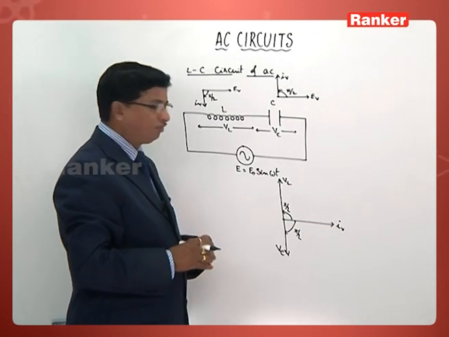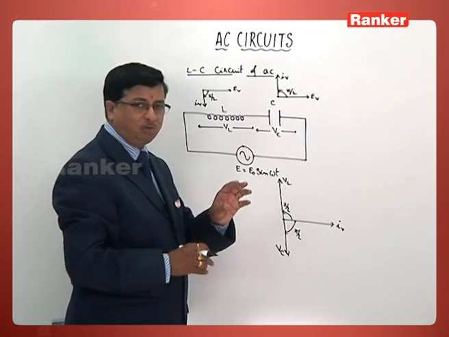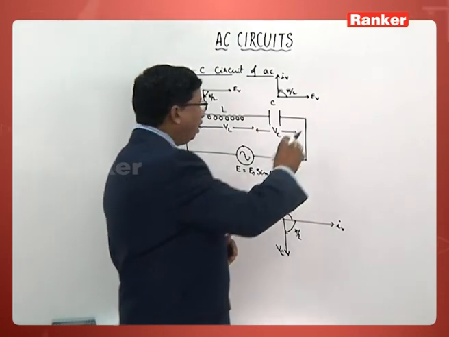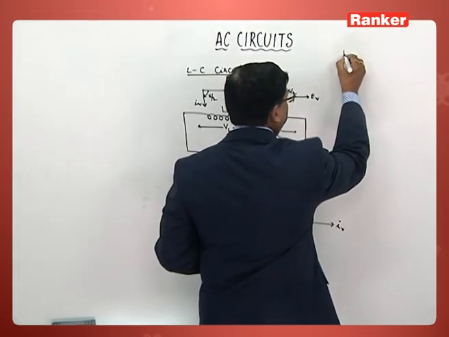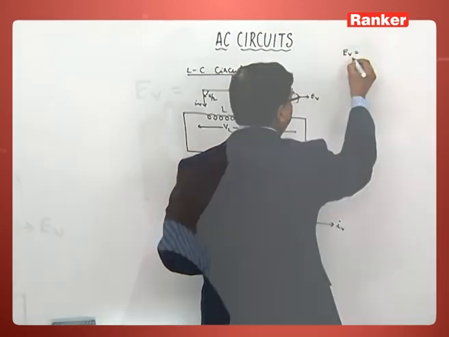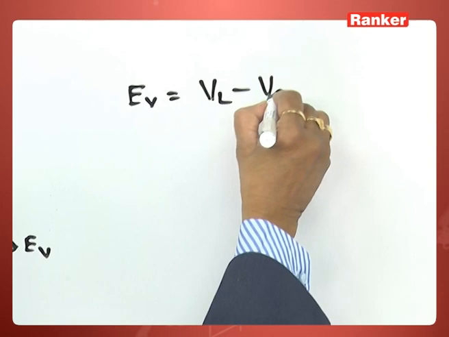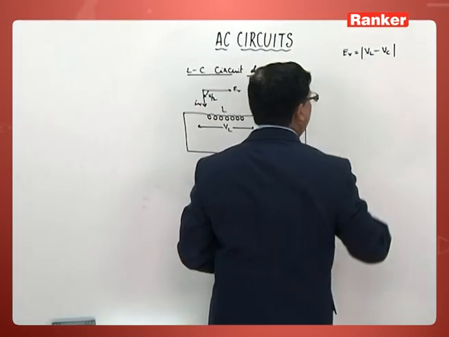Now the question is, what would be the effective EMF across the system? So you can now write E virtual is equal to mod of VL minus Vc.